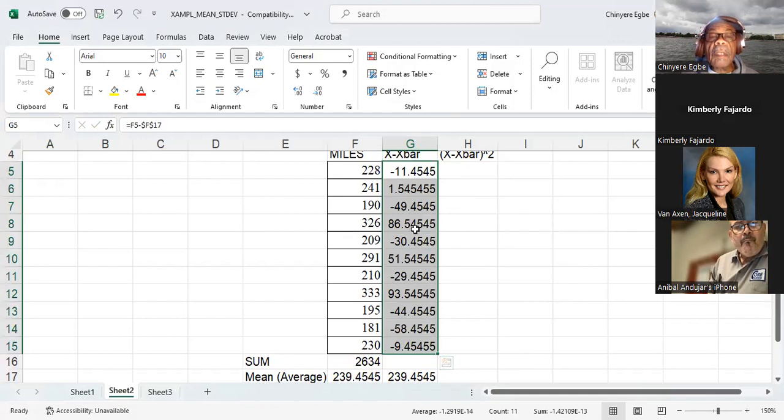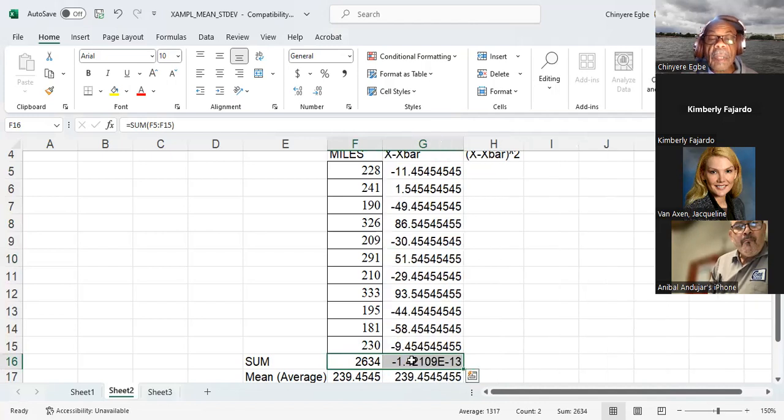So you can see some are positive, some are negative. And if you were to calculate the sum, you get a 0. That's what you get, okay?